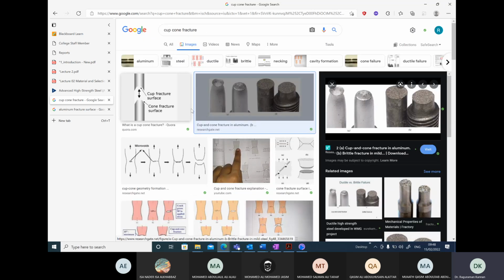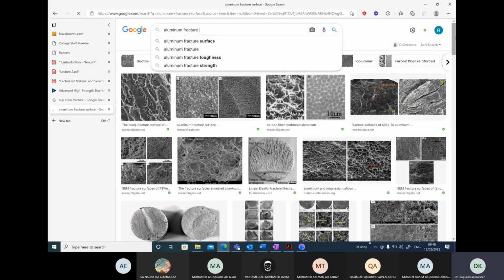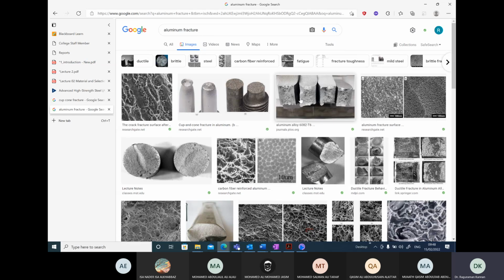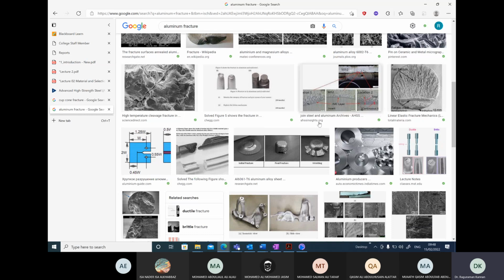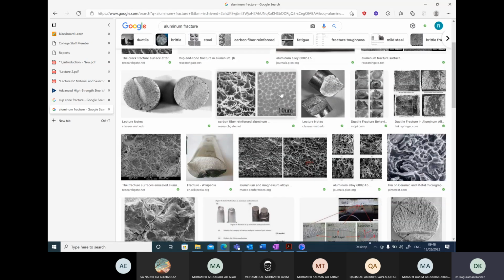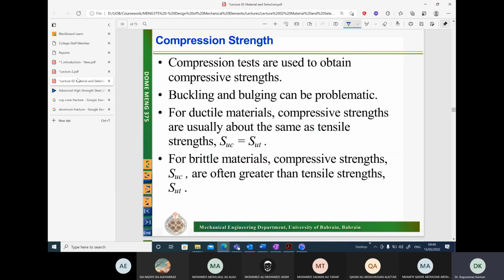So this is all cup and cone fracture. Hopefully they show the aluminum fracture. Okay, I think this is the best picture we have. If you look at the aluminum fracture surface, it's just going to be a 45-degree angle fracture, not a cup and cone fracture. So it's slightly different in the case of aluminum.